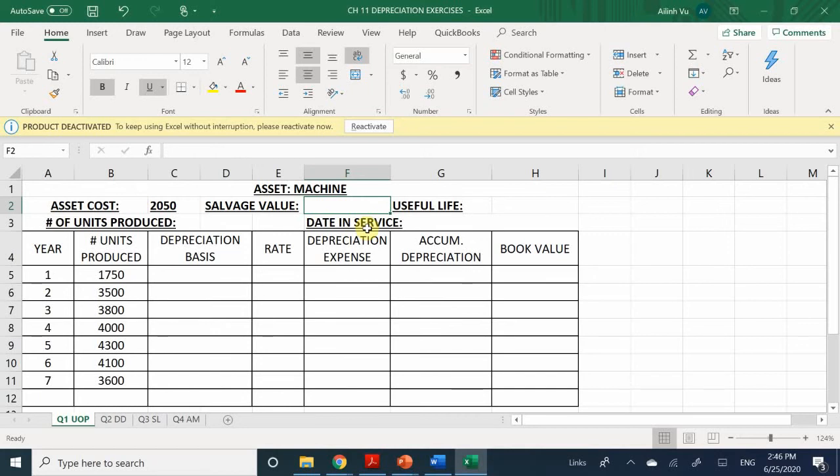What is that salvage value? Oh, is there no salvage value? There is. I don't see it. It's on the first line. 1750?